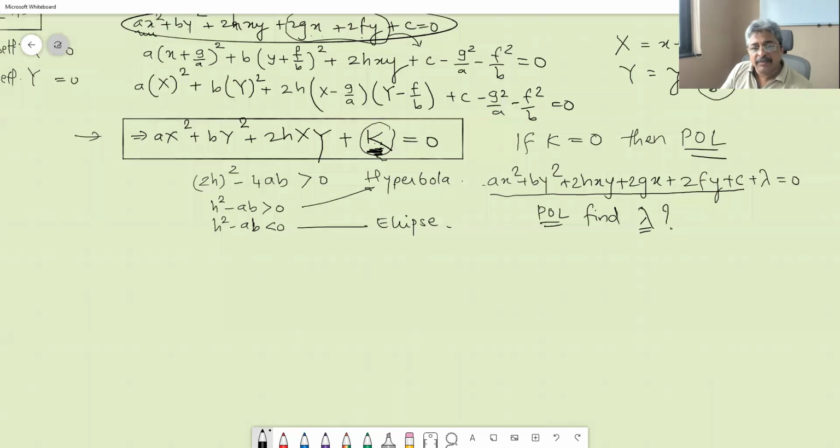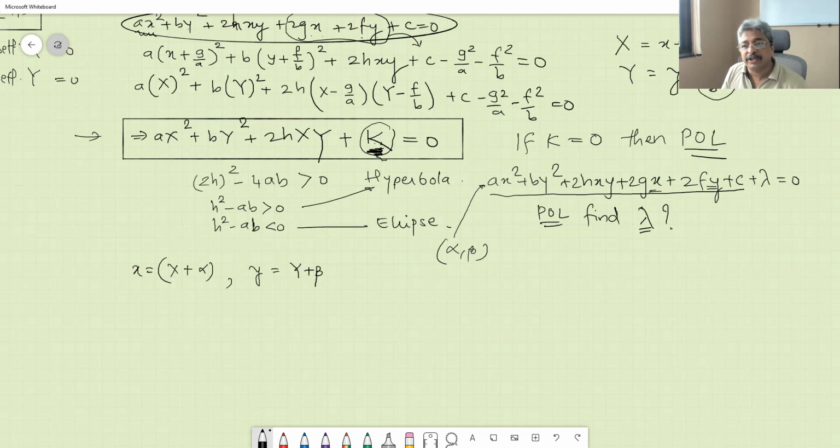In the general conic equation, the degree 2 equation, we have decided to have alpha comma beta as the center of the conic. If it is a central conic, then if we shift the origin to alpha comma beta, we should get rid of the x and y terms. So for small x you will substitute capital X plus alpha, and for small y you will substitute capital Y plus beta, and make the coefficients of x and y equal to 0.